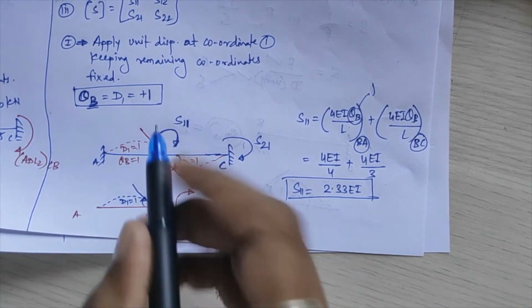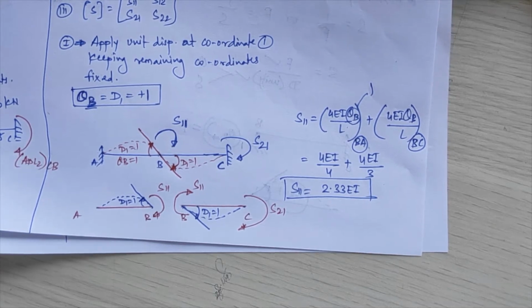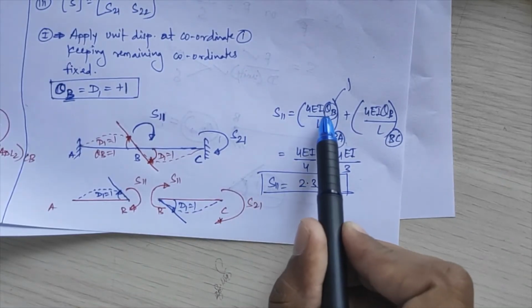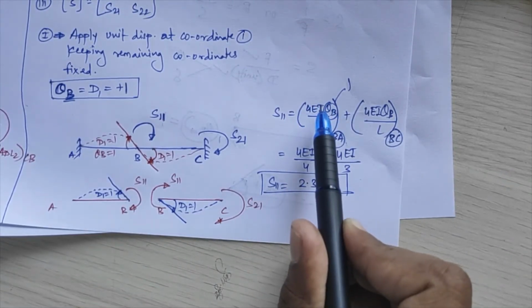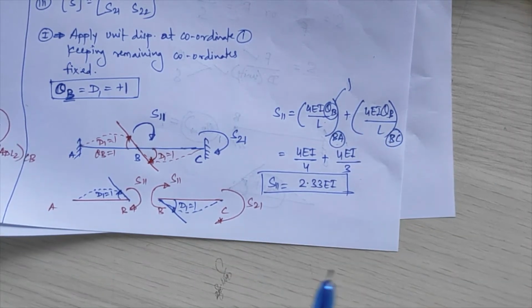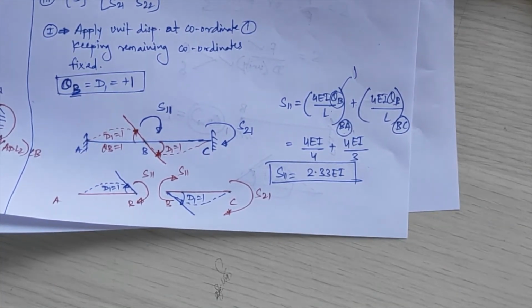Just remember this: if you are calculating stiffness at a particular point and you have applied the unit displacement there itself, that will be your near end, and any other point will be your far end. So S11 is the combination of the BA and BC moments. S11 will be equal to 4EI theta upon L, the near end moment for rotation, for BA, plus 4EI theta upon L again for BC. If I calculate that value, I get S11 equal to 2.33.